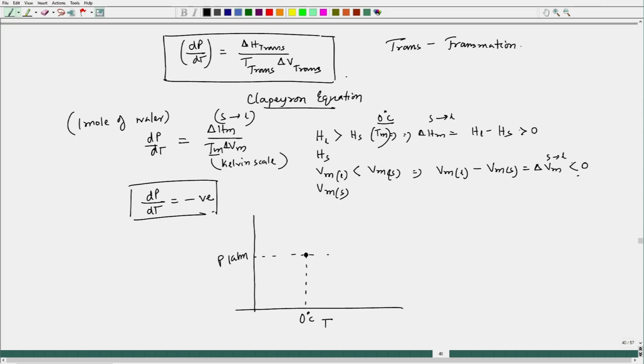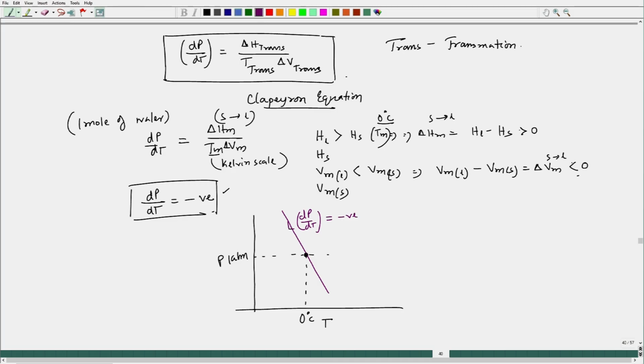Now, at that point, if I try to draw this dP/dT, the slope would be a negative slope passing through this. So, this is dP/dT equal to negative. Okay. So, this negative slope we are getting.